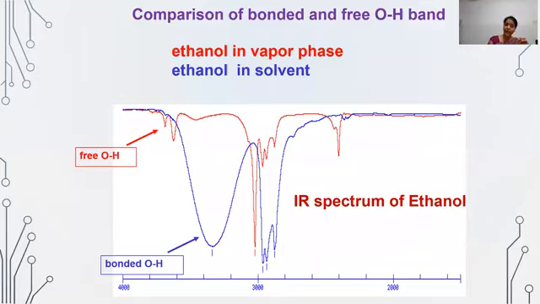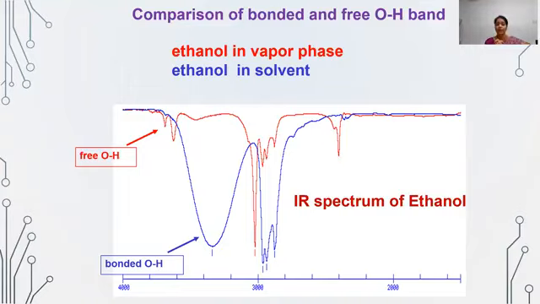If we take any alcohol in two different states, here you can see the two spectra of ethanol. The spectrum in blue is of ethanol in a suitable solvent, and the second is when the spectrum of ethanol was scanned in vapor state. In vapor state, there is no intermolecular attraction between ethanol molecules, that means no intermolecular hydrogen bonding.